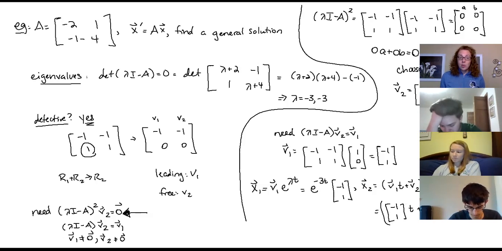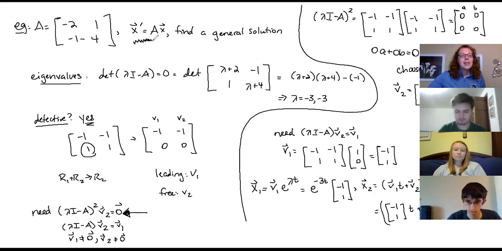If you wanted, you could double check that those are linearly independent. And you could verify that both of those are solutions to our original system of equations. Remember, our original system looks like this up on the top of the screen: x prime equals A times x.